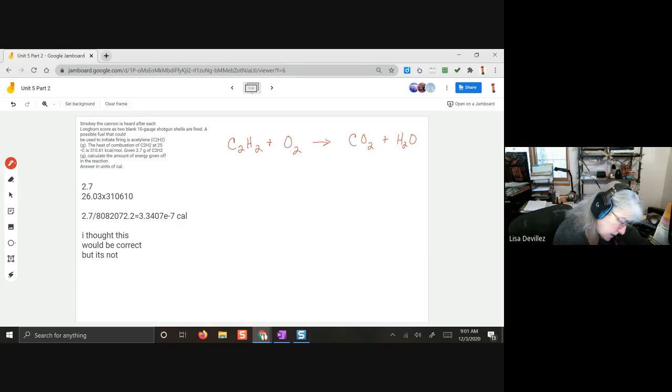Balanced, that's a 2, and let's see, I get 4, 5, so that would be a 2.5 on that one. So remember, for the heat of combustion, you want to balance it so that there's a 1 on the thing that's being burned, because that's what the delta H they're giving me goes with.